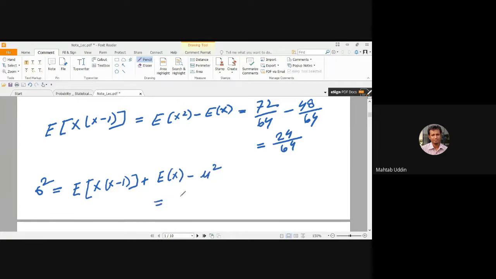So 24 by 64 plus 48 by 64 minus 48 by 64 whole square, and after the calculation you'll get 36 by 64.